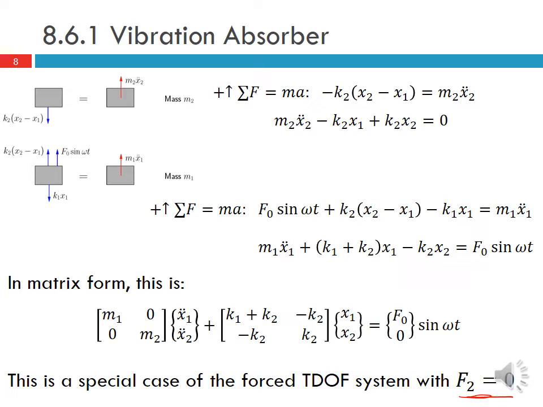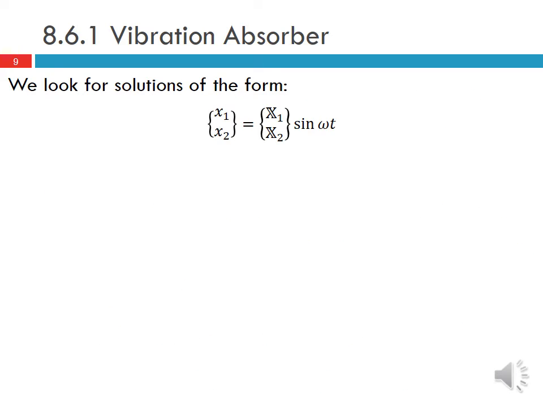As the F naught is only applied on our original system, we only have this here. And on the vibration absorber part, there's no external force applied. So again, we look for solutions of the form x is equal to X sine omega t.